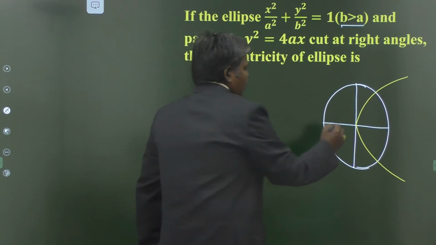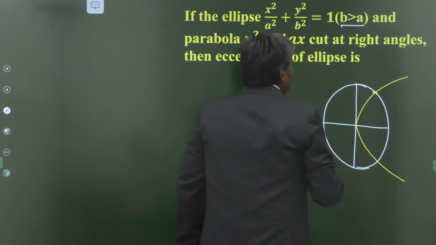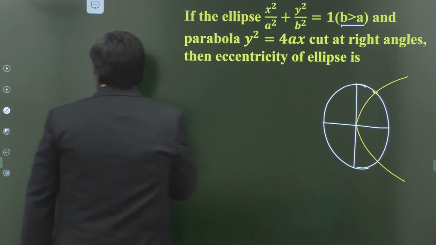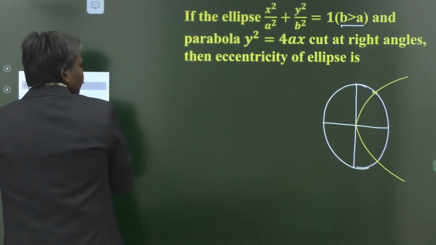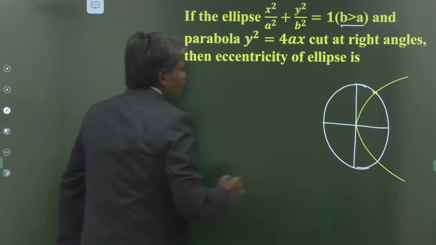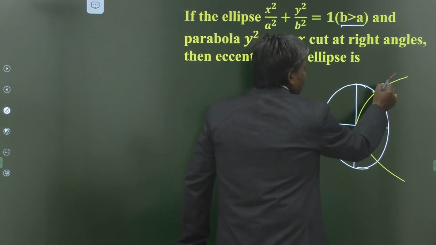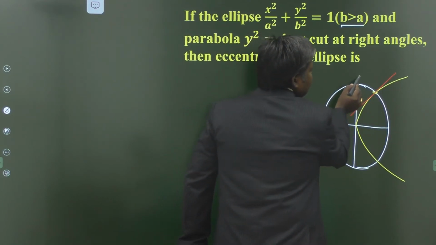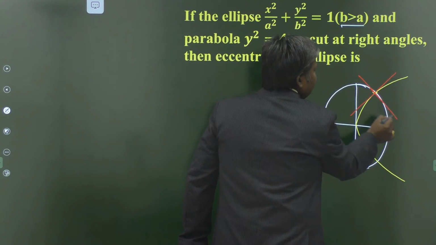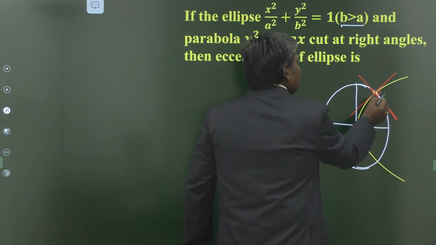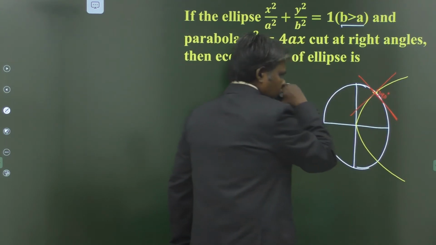That means at their point of intersection, the angle between the tangents drawn to the two curves is 90 degrees. Suppose this is the tangent to the parabola at this point of intersection and this is a tangent to the ellipse at this point of intersection. The angle between them is 90 degrees.